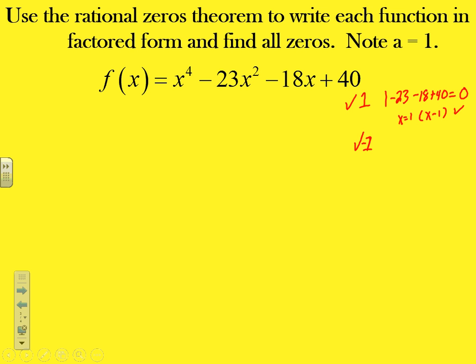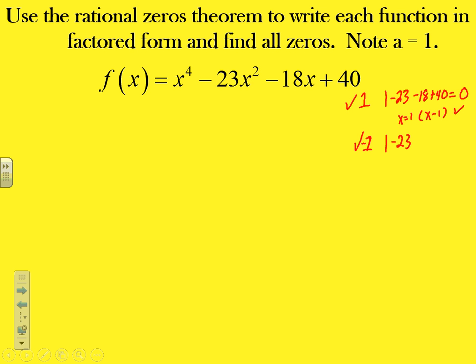Now, the third thing that you had written down says we have to change the signs of the coefficients of the odd numbered powers. Well, x to the fourth is an even numbered power, so it stays the same. X squared is another even numbered power, so the negative 23 stays the same.